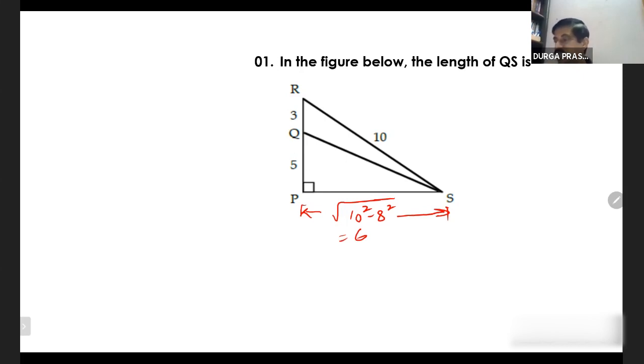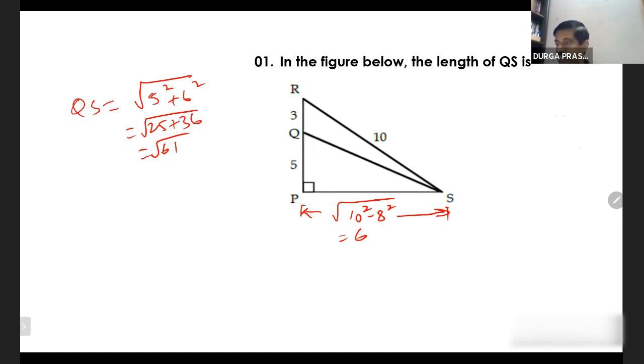Now QS, again by the Pythagoras theorem in triangle QSP, is root of 5 squared plus 6 squared, which is 25 plus 36. So this is root 61.